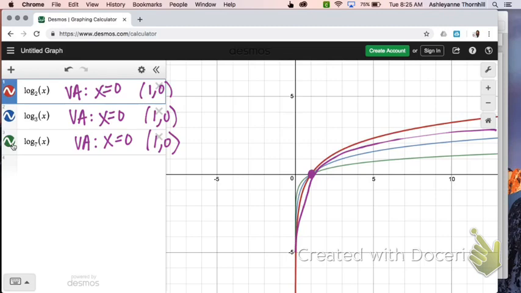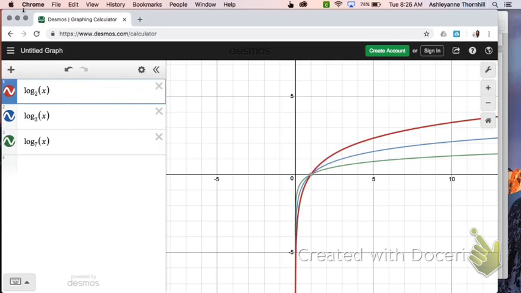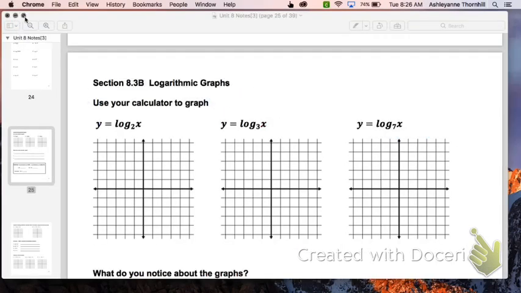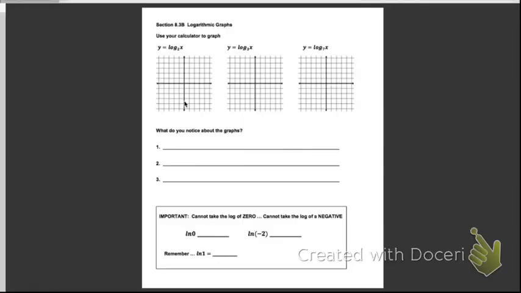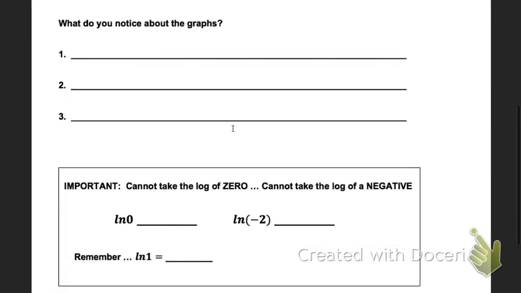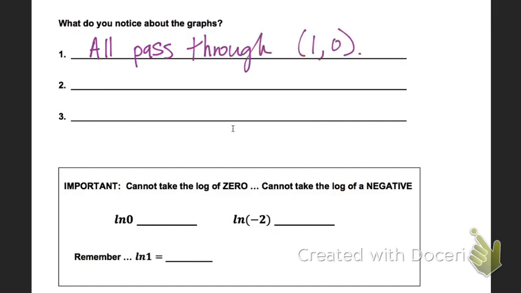So let's talk about what are some things that we notice. You should have drawn the picture, so I'm not going to spend time drawing those. So what do you notice about the graphs? What are some things that they all three had in common? They all pass through 1, 0. Good. They all have a vertical asymptote at x equals 0.